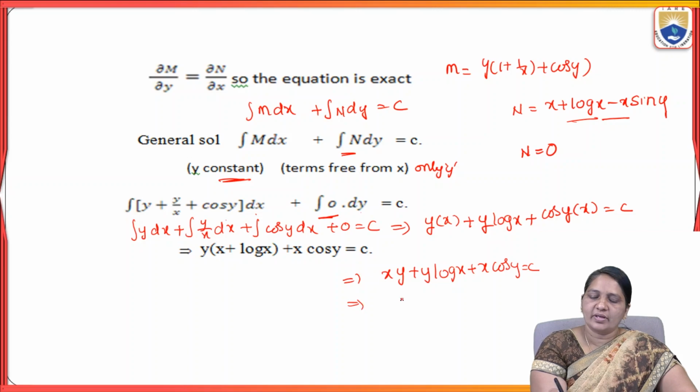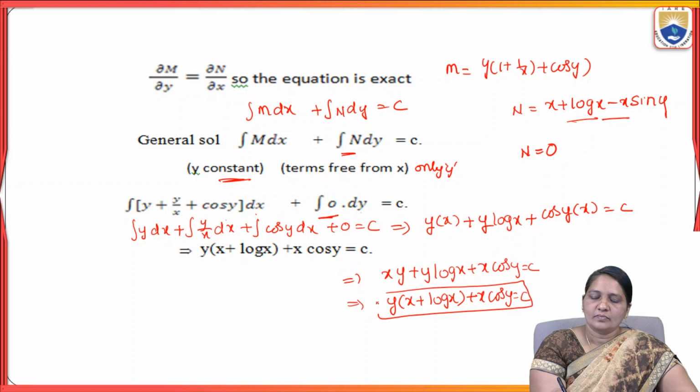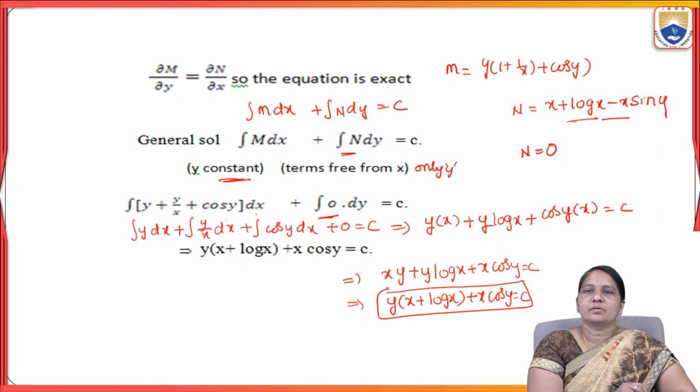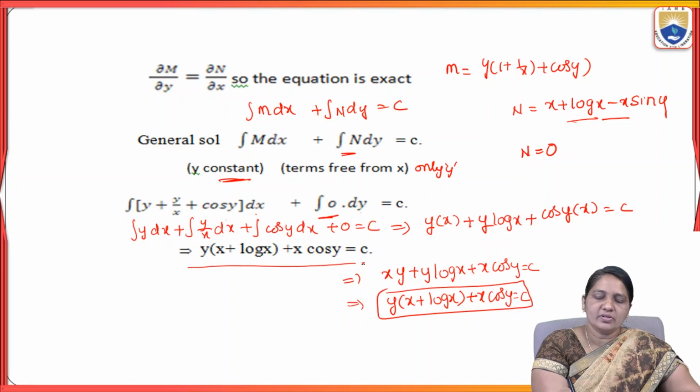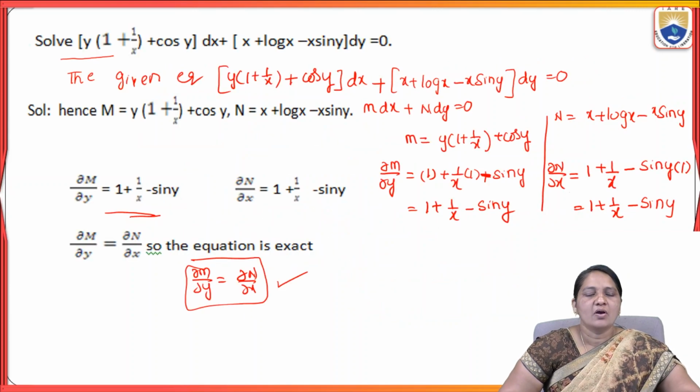Taking y common, this is y into x plus log x, plus x cos y, equal to c. This is our general solution for the given equation, which is y into 1 plus 1 by x plus cos y into dx plus x plus log x minus x sin y into dy equal to 0.